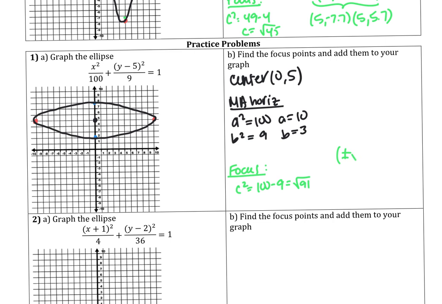So plus or minus root 91, comma, we're always going to stay 5 up. When I throw this in my calculator, I find out that this is -9.5, comma 5, and positive 9.5, comma 5. And it's okay that it's close to the vertex points. You just want to make sure it's within the boundaries of the ellipse. If not, something went wrong.